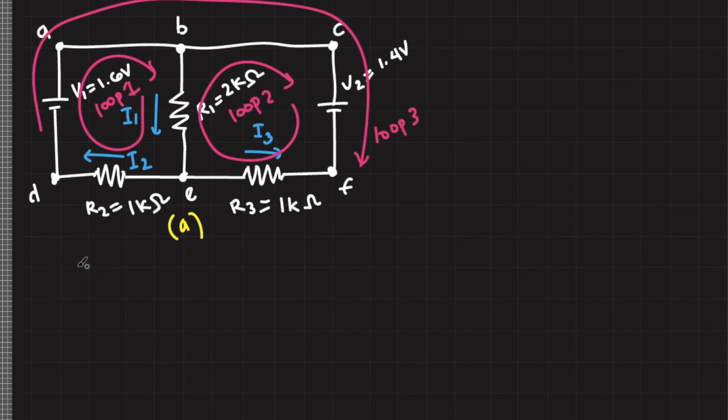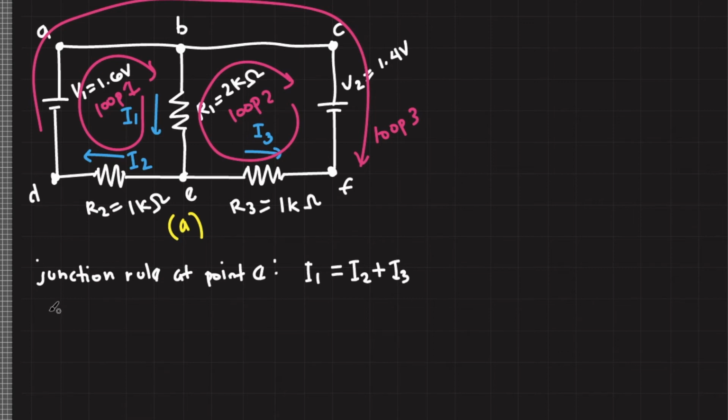Now I'll apply the junction rule at point E. So obviously, as current 1 enters point E, it will be broken down into I sub 2 and I sub 3. Next, I'll apply the loop rule for loop 1.